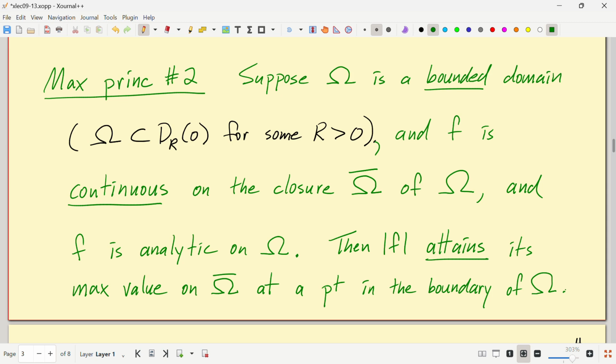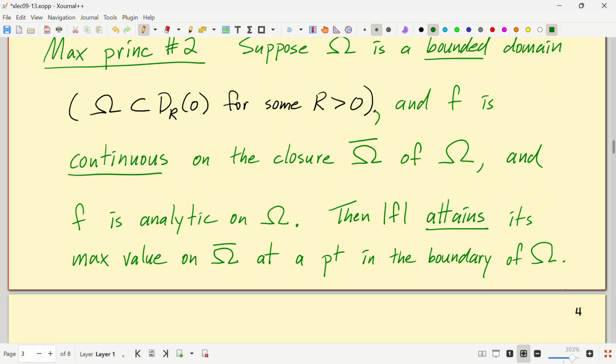Of course, if the maximum occurs at an interior point, then by number 1 the function is constant, and it would assume the maximum at all points. But it's guaranteed to assume its maximum value at a point in the boundary, perhaps all the points in the boundary.